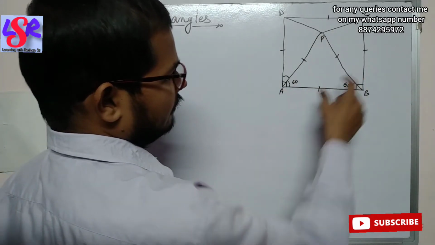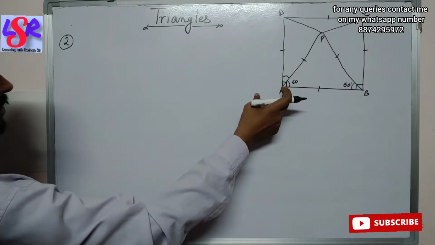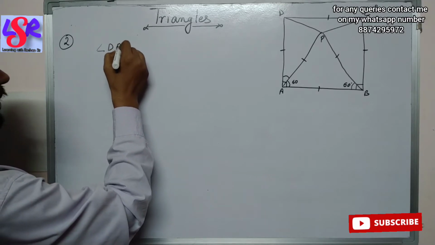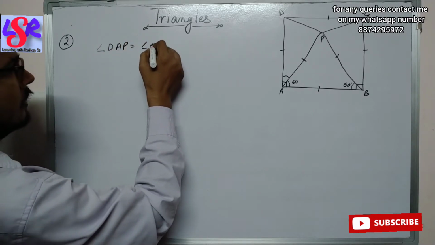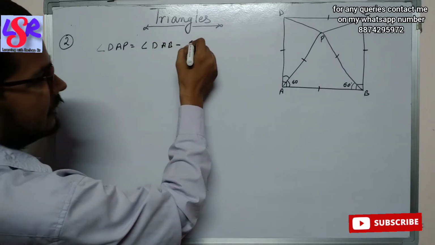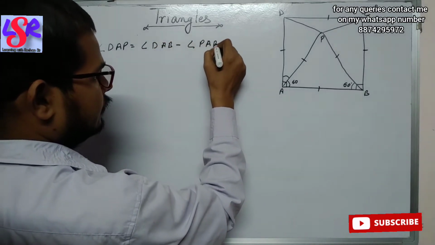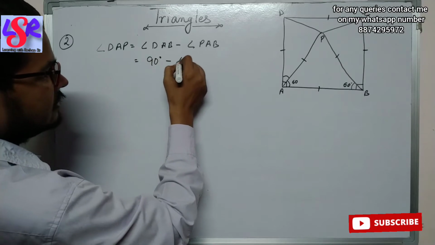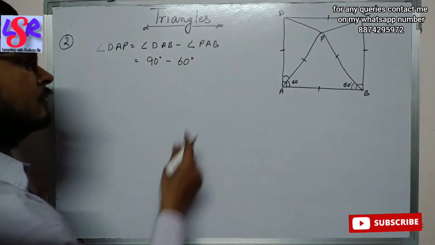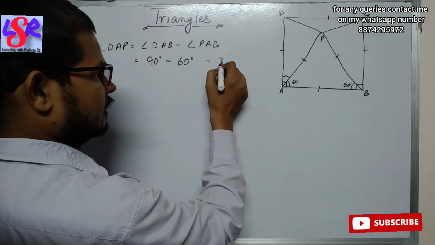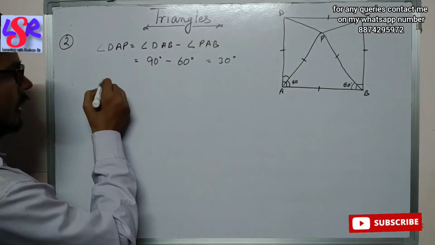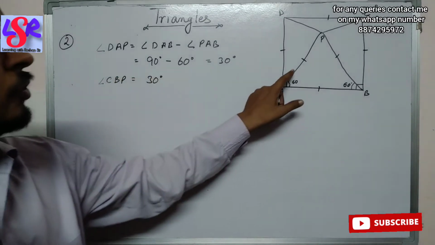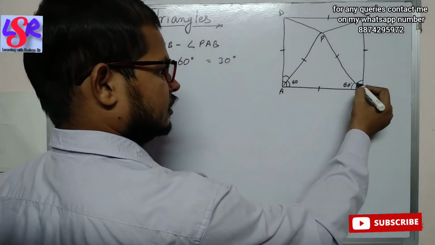In this case, angle DAP equals angle DAB minus angle PAB, and here DAB is 90 degrees as the interior angle of a square, minus 60 degrees as the interior angle of an equilateral triangle. So this equals 30 degrees, and similarly over here angle CBP equals 30 degrees. So both of these angles are 30 degrees each.